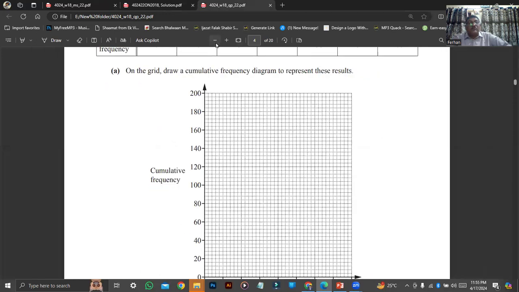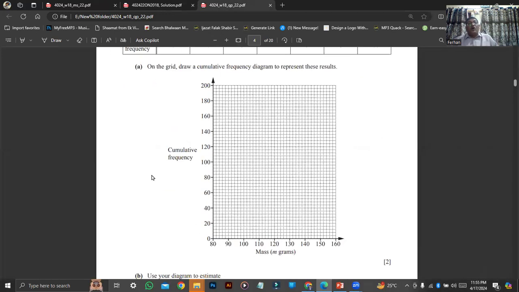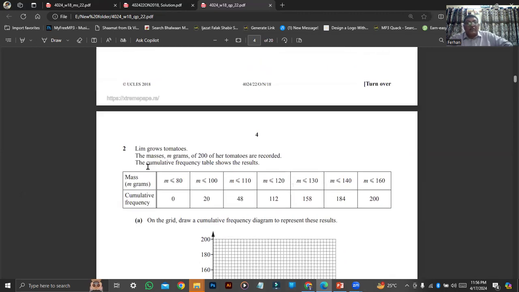So let me show you this. On the grid, draw a cumulative frequency diagram to represent these results. Here on the y-axis, we have the cumulative frequency. Here we have the masses in grams. So very simple, I will plot them.